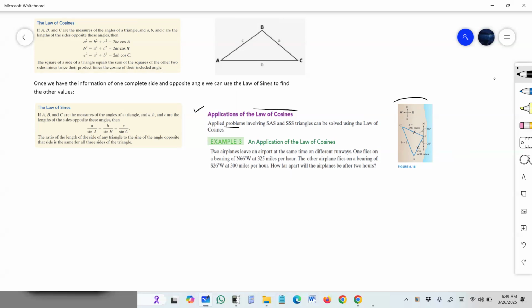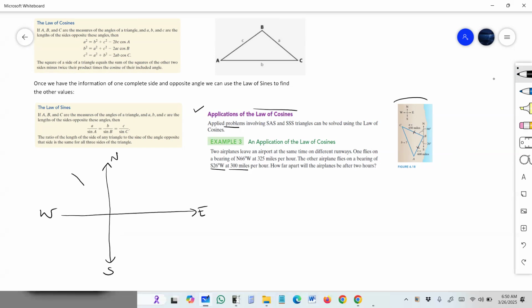So two airplanes leave an airport at the same time on different runways, very likely in different directions. One flies a bearing of north 66 west at 325 miles per hour, and the other flies a bearing of south 26 west at 300 miles per hour. So this is the situation that we have. Just bear with me because this is hard to do with this tool. Obviously, north, south, east, and west.